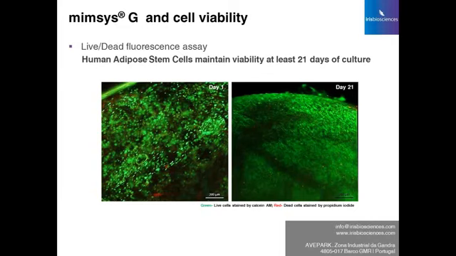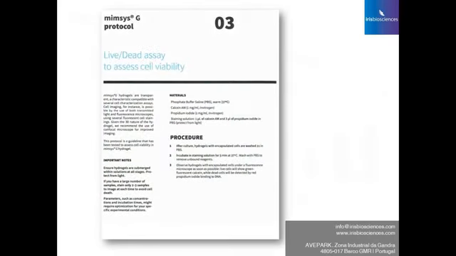So calcein is shown in green, showing live cells, and dead cells, the nuclei would be stained by propidium iodide. And here we have an example of adipose stem cells encapsulated at day 1 and also after 21 days of culture. So we have very good viability within the gel. Here we also have a protocol to help preparing the live dead assay.